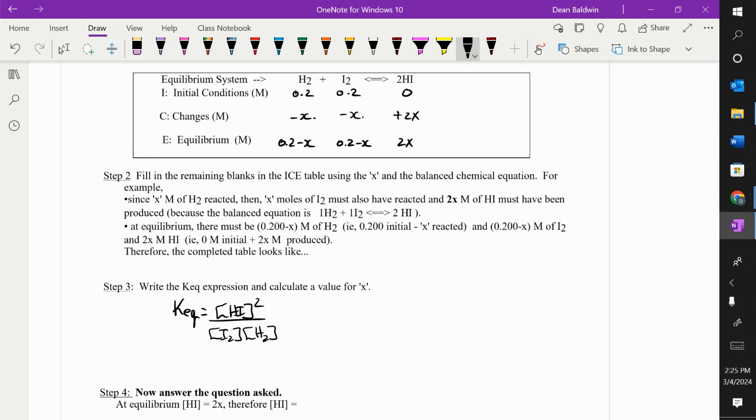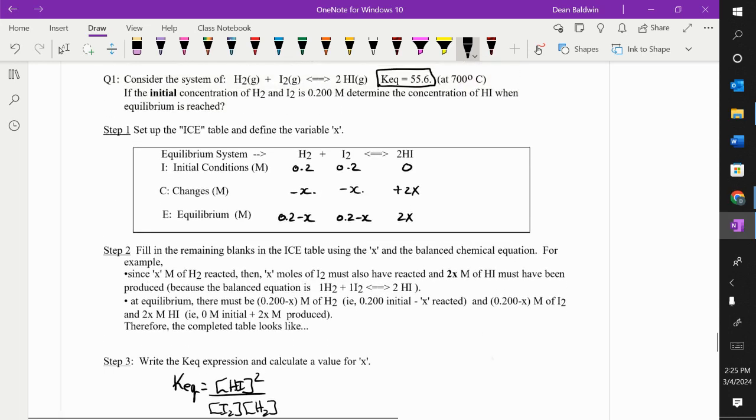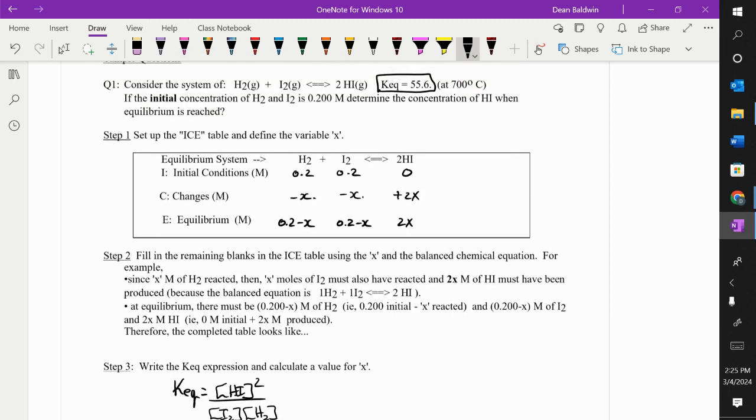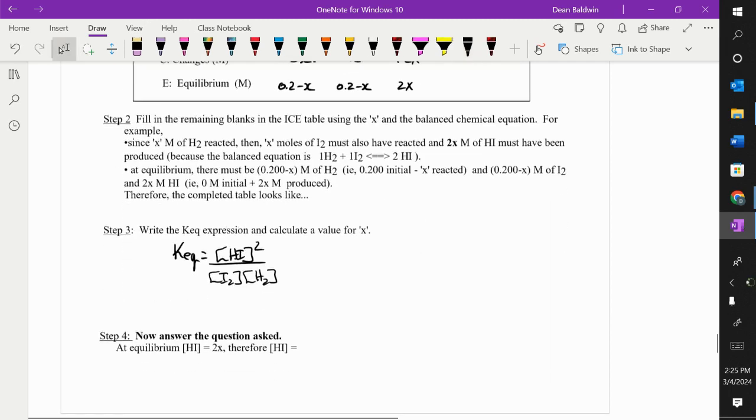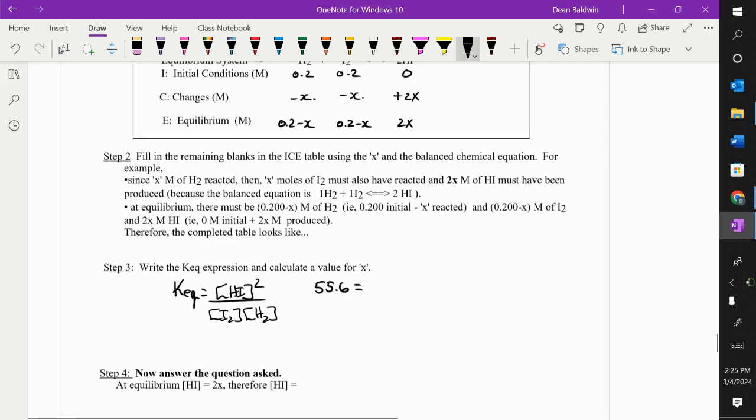We know what KEQ is. It's 55.6. So mathematically that becomes 55.6 is equal to HI, which is 2X, squared, over I2, which is 0.2 minus X, and H2, which is 0.2 minus X.